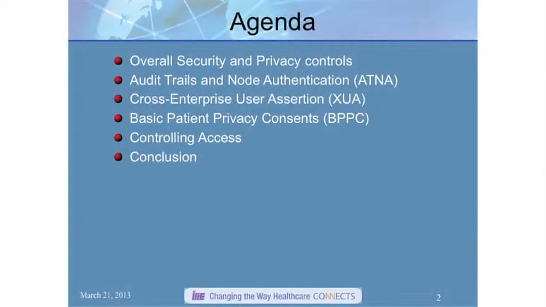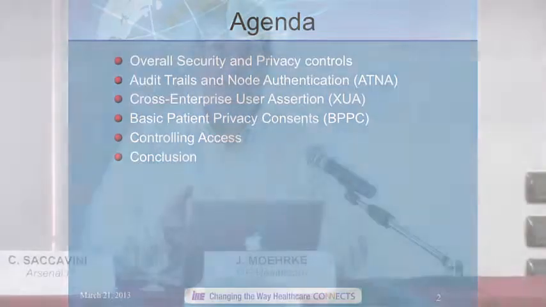I'm not going to cover all these different layers, but one of the things that IHE doesn't do is define what policy is going to be enforced. What we do is look at these as possible policies, and ask how we could enable that kind of policy to be enforced.